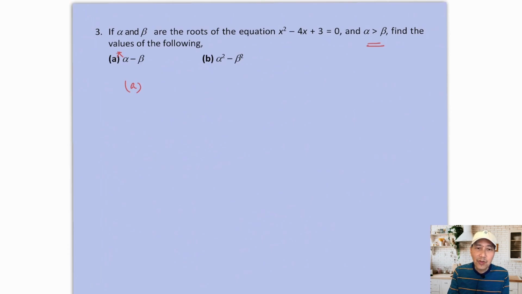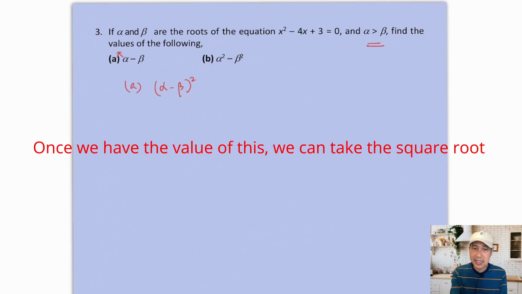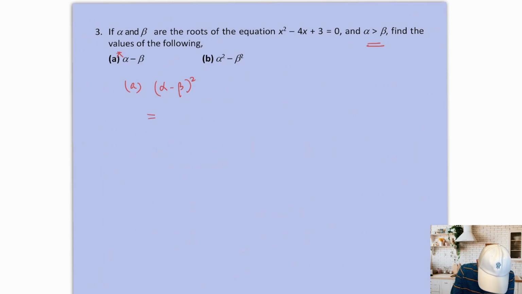Now to find alpha minus beta, we need to find the square first. When we have the value of alpha minus beta square, we can take the square root and give the answer of alpha minus beta. Now we try to find this value first. We expand the brackets: alpha square minus 2 alpha beta plus beta square.